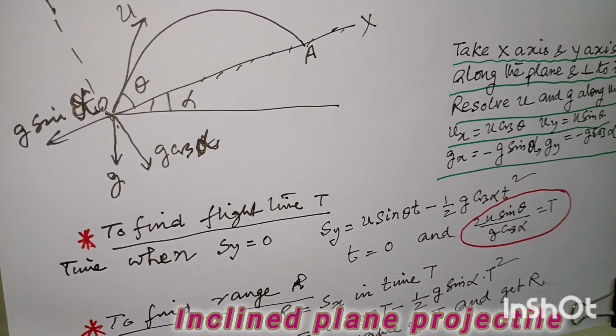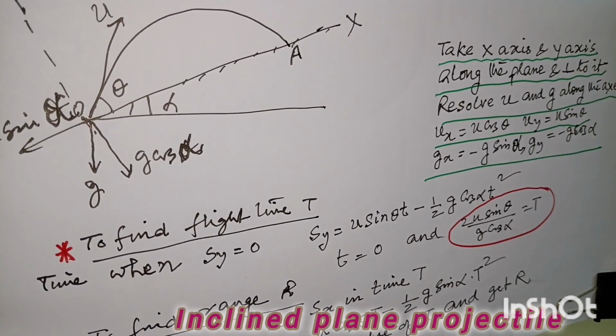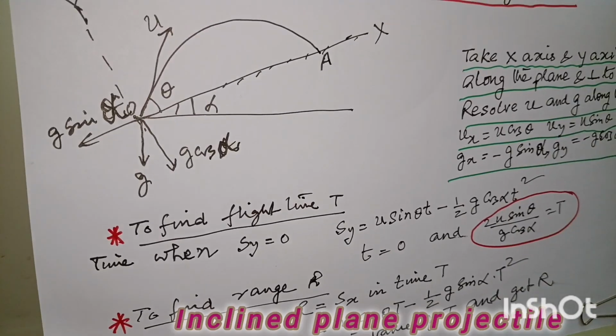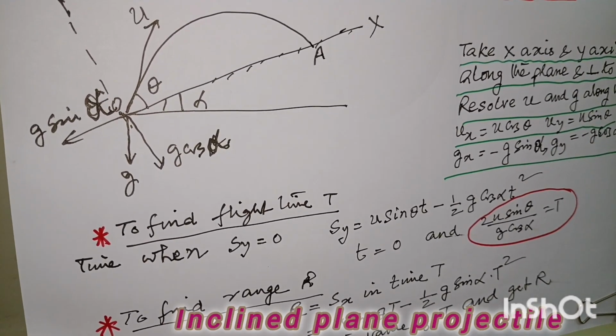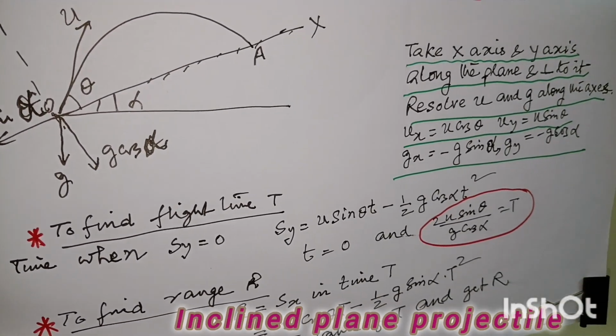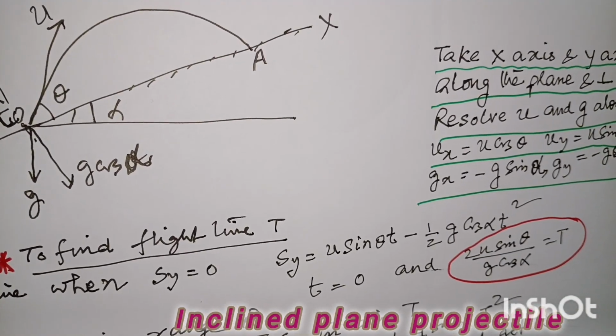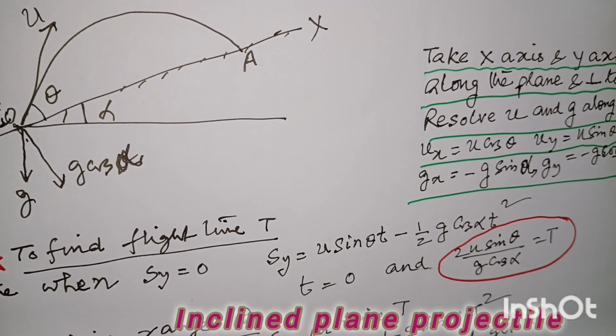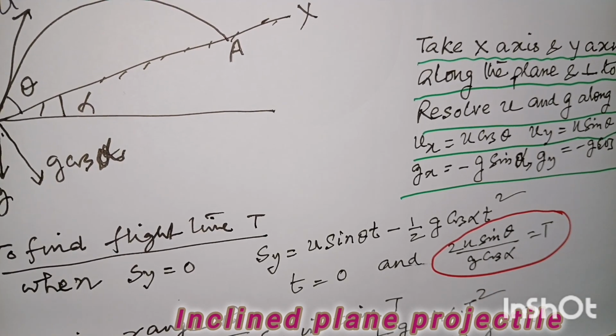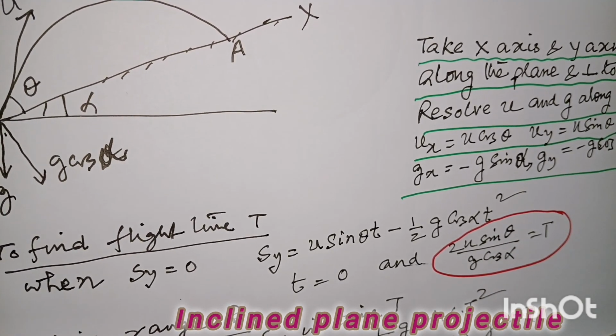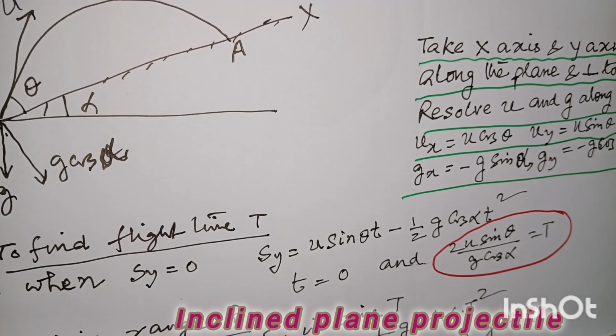Now for Sy we can use the kinematic equation because along the y direction u component is u sin theta and g component is g cos alpha. So Sy is nothing but u sin theta into t minus half g cos alpha t square.